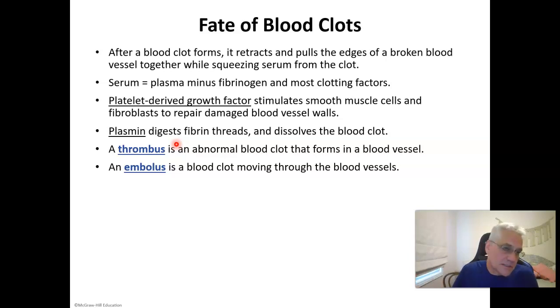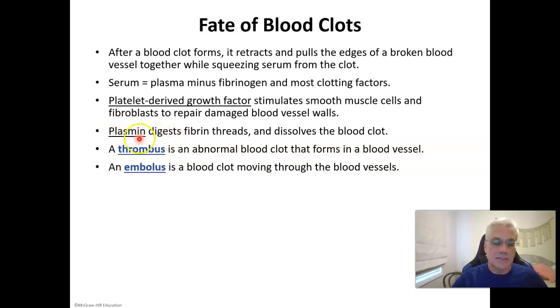So you are already initiating the demise of the blood clot when the blood clot forms. Your body knows that it can't stay clotted forever, and you can't clot everything. So you're already initiating a process which will result in the dissolution of the blood clot.